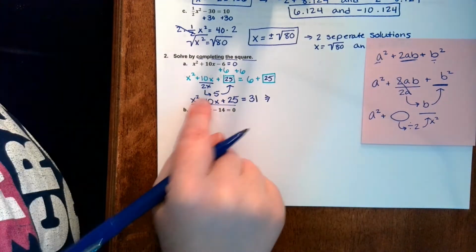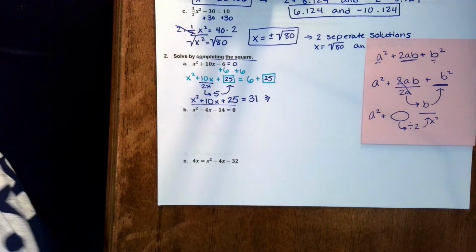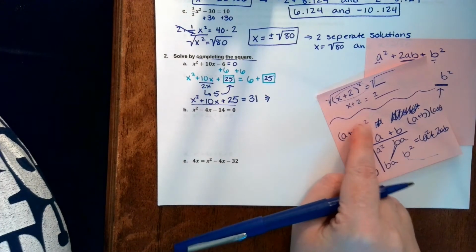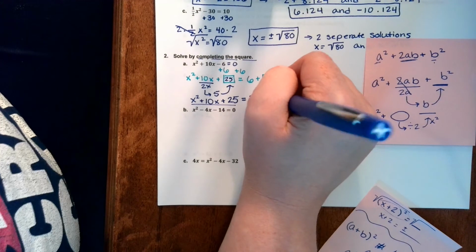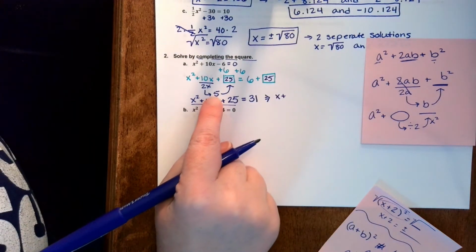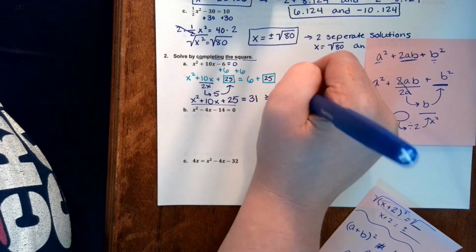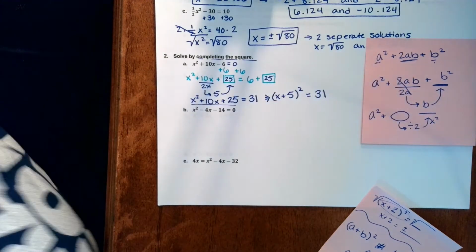Also, the whole point of completing the square was to make this factorable. We wanted to make it to where we could do a plus b squared. Well, what was my a? X. What's my b? 5. Remember, we got our b here. So what we have is x plus 5 squared equals 31.